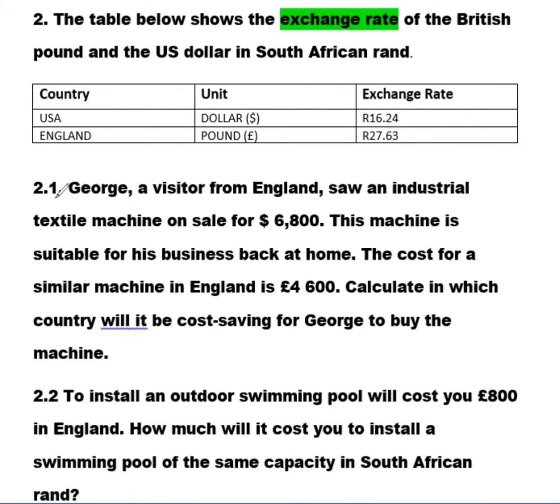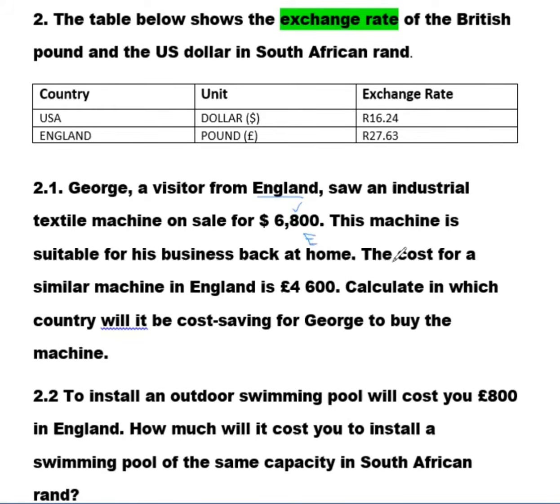So the question says, George, a visitor from England, so he's from England, saw an industrial textile machine on sale for $6,800. This machine will be suitable for his business back at home. Where is home? England.